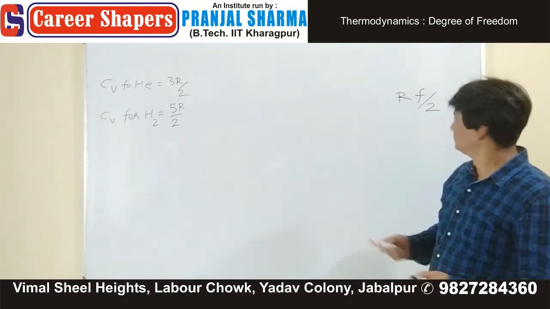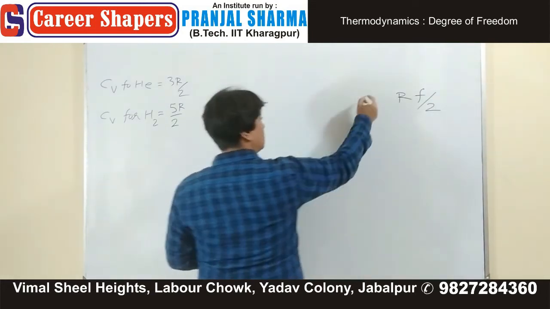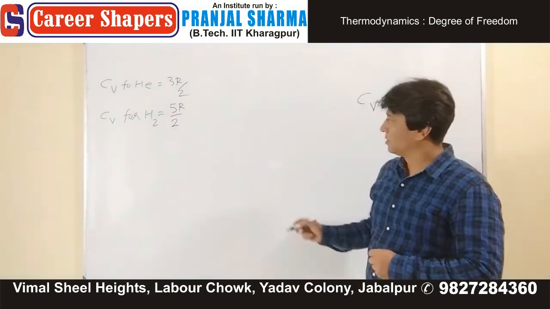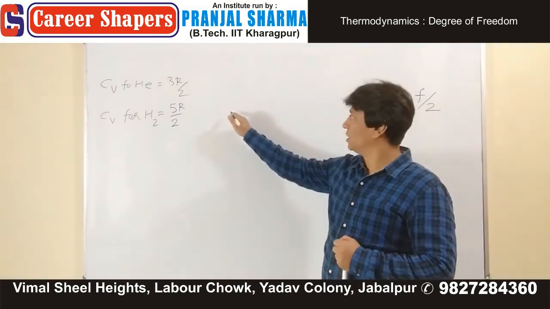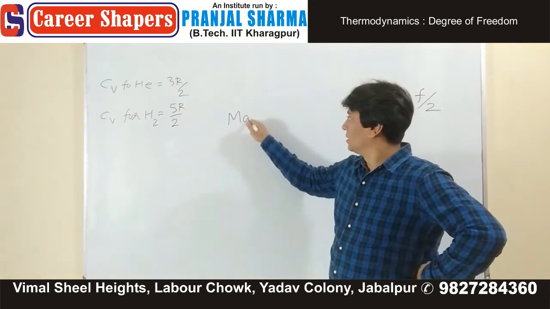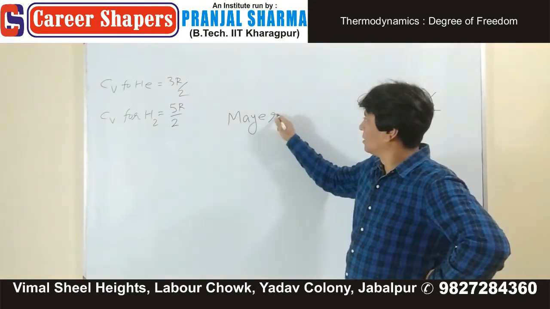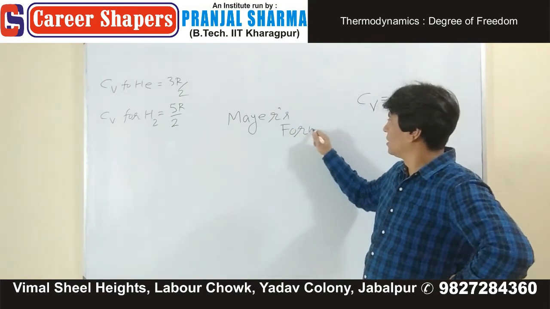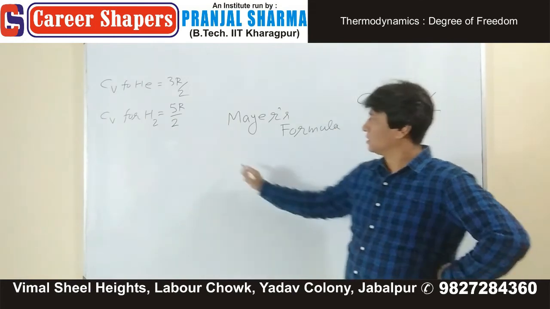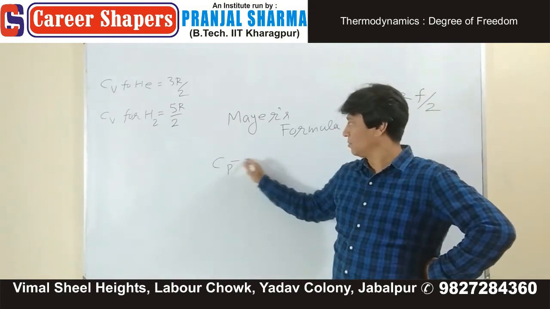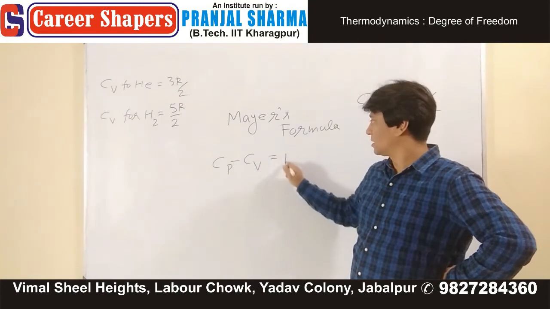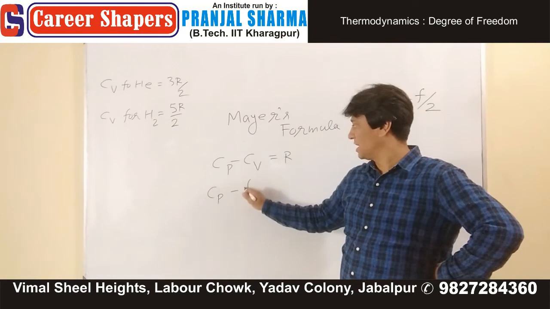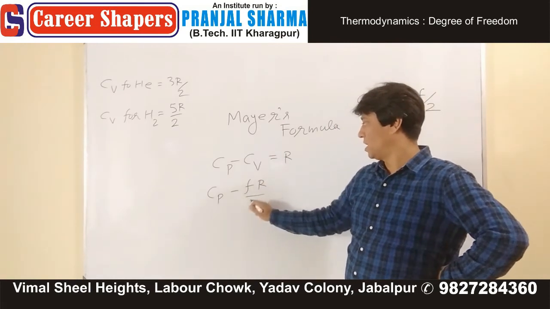Look here. This is Cv, and everybody knows Mayer's formula. What is Mayer's formula? Cp minus Cv is R. Cp minus FR by 2.